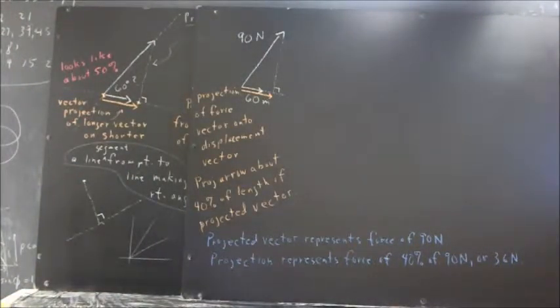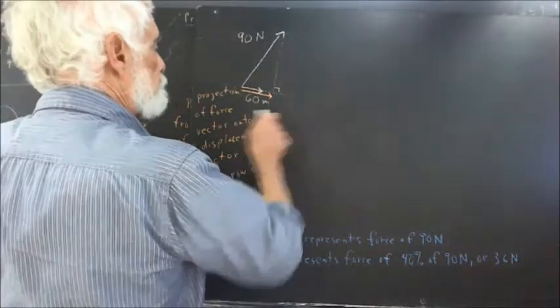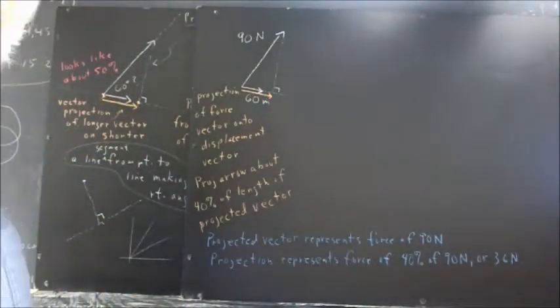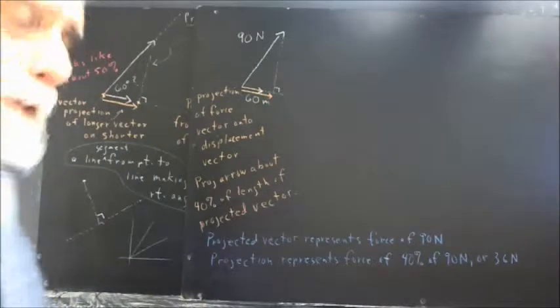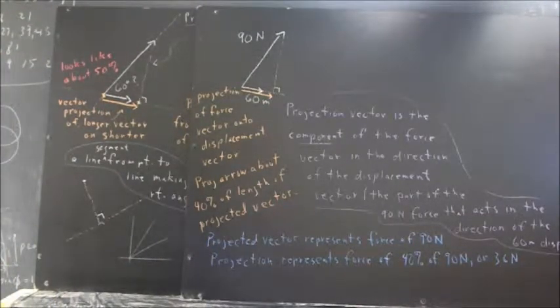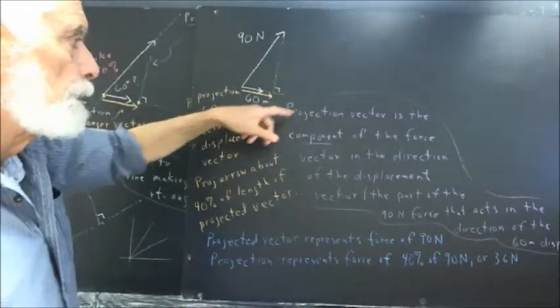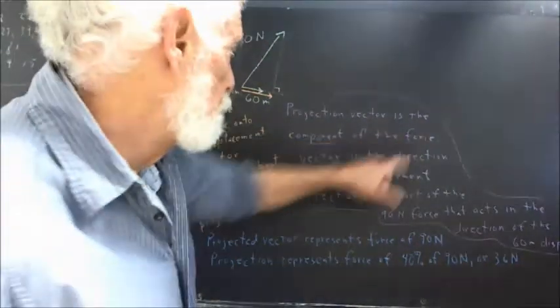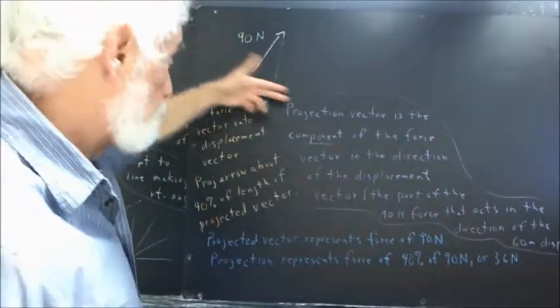So now we can say, okay, this projected vector, the projection, I'm going to write a statement here, off camera. Okay, we say that the projection vector in this case is the component of the force vector in the direction of the displacement vector.